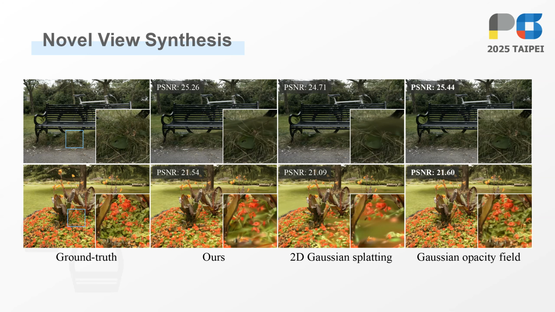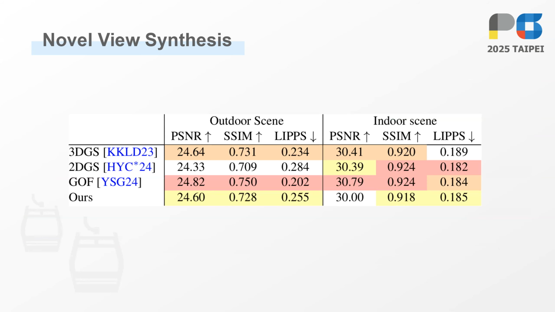For local dense and cluttered areas, such as complex vegetation, methods based on 2D planar Gaussians struggle to achieve high-quality reconstruction. Our proposed regularization does not adapt well to these intricate geometric structures. Our evaluation demonstrates that the proposed method achieves comparable performance to 2D GS in novel view synthesis accuracy.